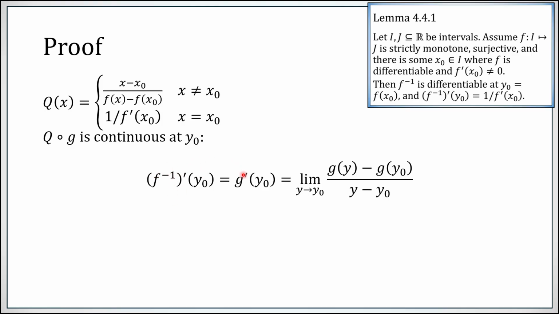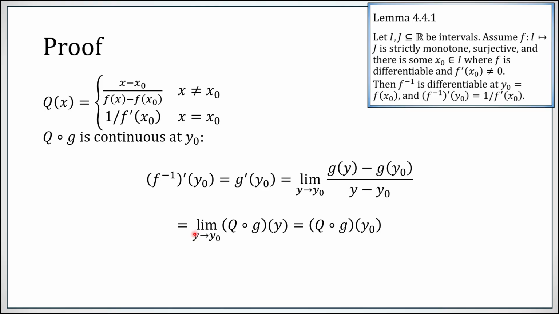Now f inverse is what we call g, so this is the limit as y approaches y naught of this difference quotient. All right, what's Q of g of y? Letting x be g of y, you get g of y minus g of y naught over f of g of y. But f and g are inverses, so that would just be y minus y naught. So this right here is exactly Q of g.